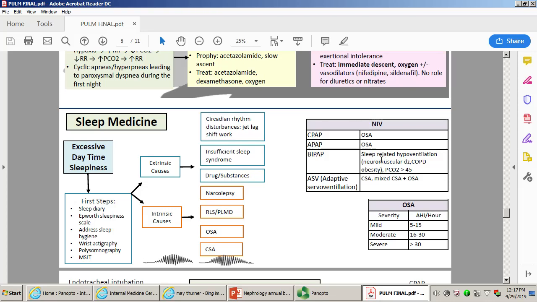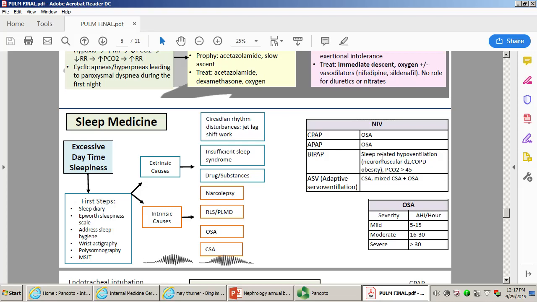Number 12, what interventions have been shown to decrease mortality in sepsis? Bundles. Sadly, protocols, no. Early antibiotics within an hour.